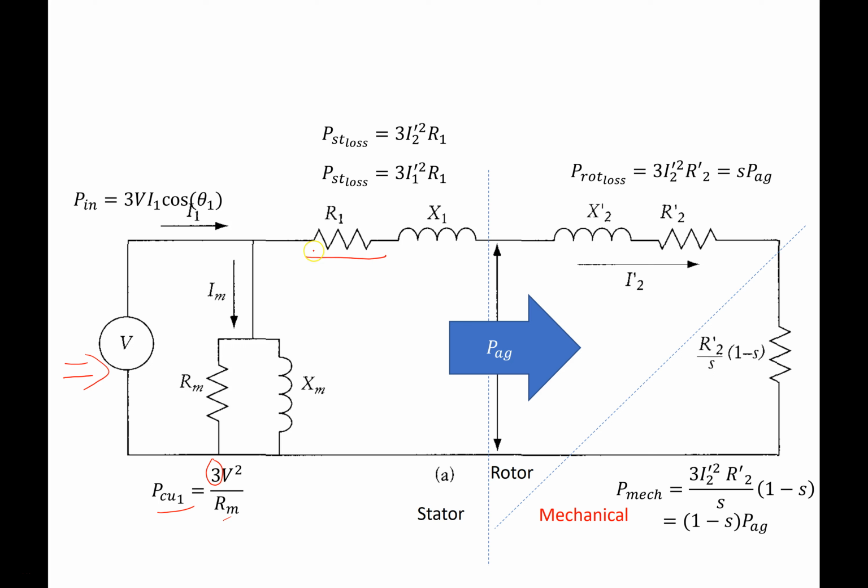And then we have the copper losses that take place in the stator, and you'll see this calculated two ways. Sometimes we use I2 and sometimes we use I1. I2 prime, of course, is the current from this diagram that is flowing in this branch here, whereas I1 is in this branch. So why the difference in these equations? Obviously, from this diagram, I2 is the one you should use.